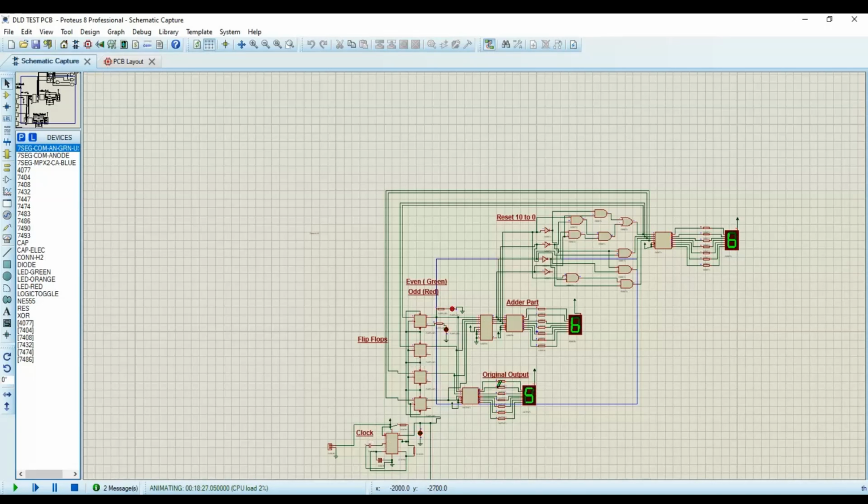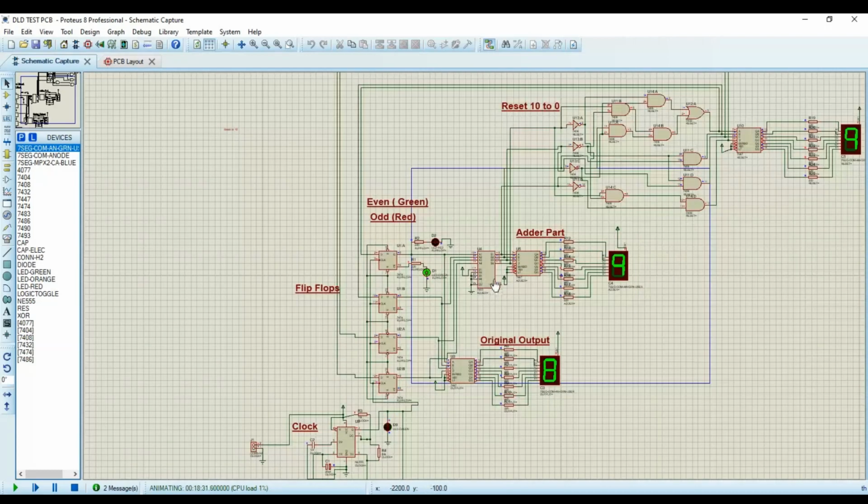This is the adder part. This was the original output coming out from these flip flops. This was the adder where a 4-bit adder IC was used for the incrementation. And after these increments, when our output becomes 10, this combinational circuit resets it to 0.